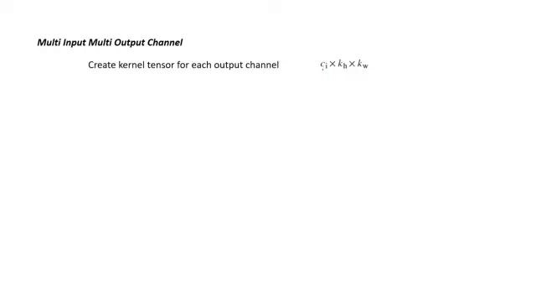Now we need to create a kernel tensor for each output, which means we need to concatenate them on the output channel dimension. So the shape of the kernel tensor becomes C0 cross Ci cross Kh cross Kw, where C0 is the number of output channels.